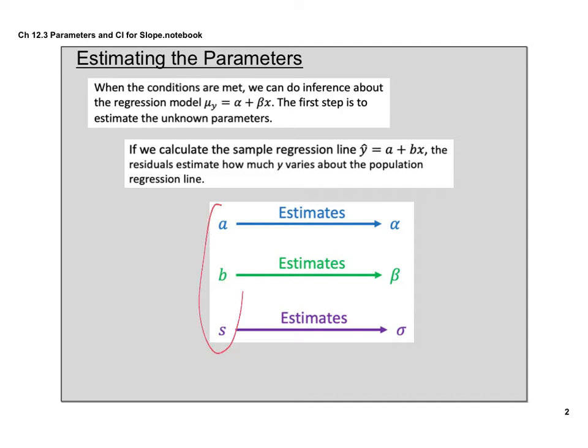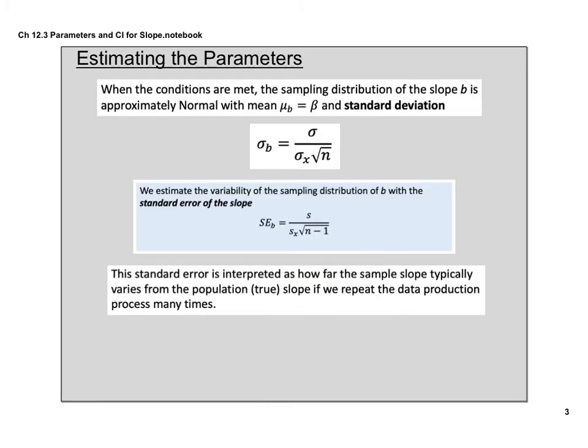All of these three are statistics coming from the regression line from the sample, and they can be used to estimate the parameters in the population regression model. When the conditions are met, the sampling distribution of the slope b is approximately normal, with mean equal to the population slope, and the standard deviation looks like this.